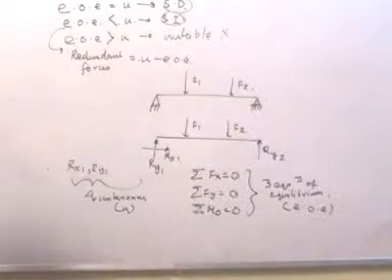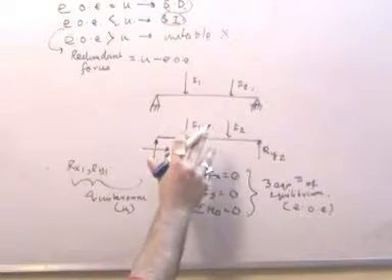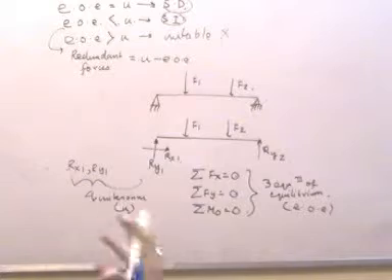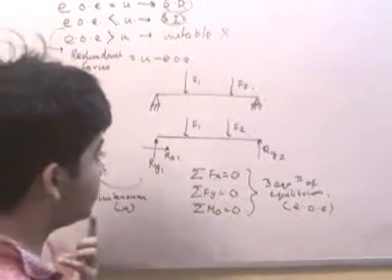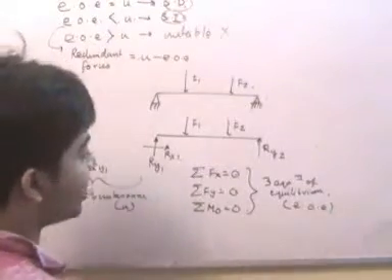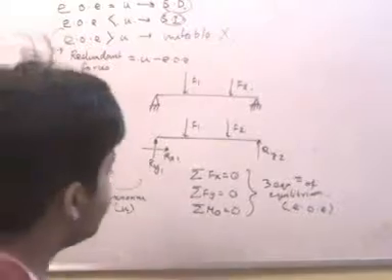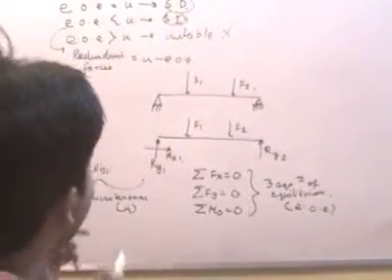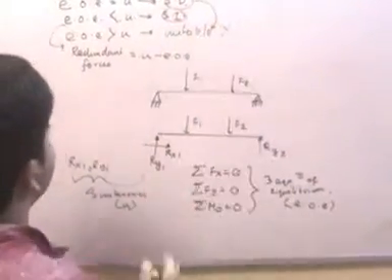So essentially I had one redundant force which I could remove and still maintain this structure in equilibrium. But in case of a statically determinate structure, we have just as many unknowns as the number of equations of equilibrium. So if somehow one of the constraints does not satisfy its function, then essentially the statically determinate structure will be some sort of an unstable structure, right?